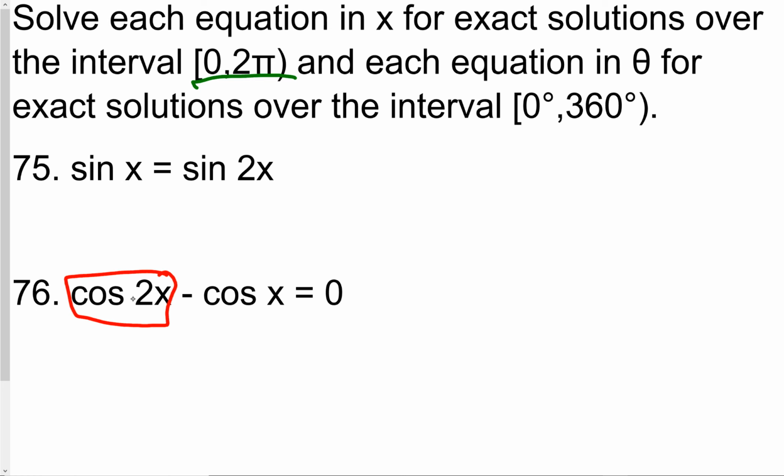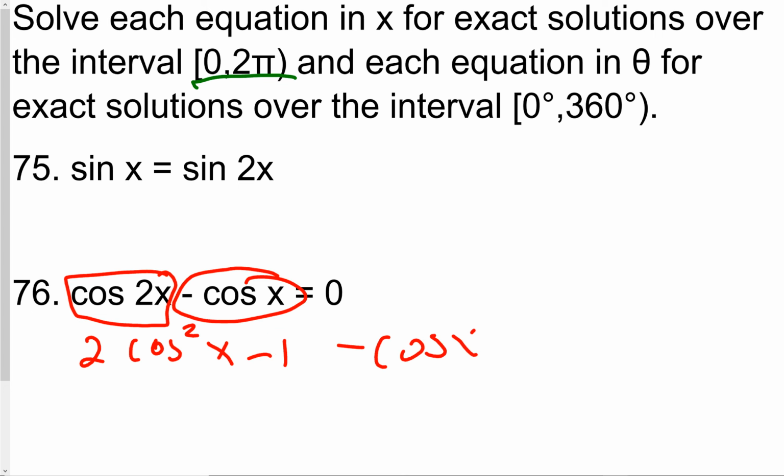I can replace this double angle of cosine with what it actually equals, which is 2 cosine squared x minus 1. And then I'm subtracting a cosine x.